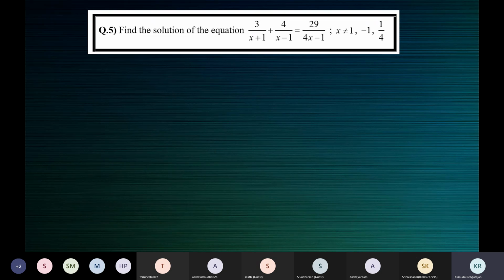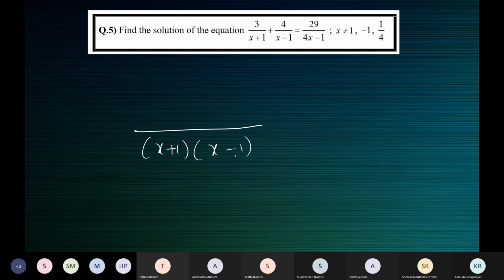So what's the common denominator for x plus 1 and x minus 1? x square minus 1, or simply x plus 1 into x minus 1, which is x square minus 1.